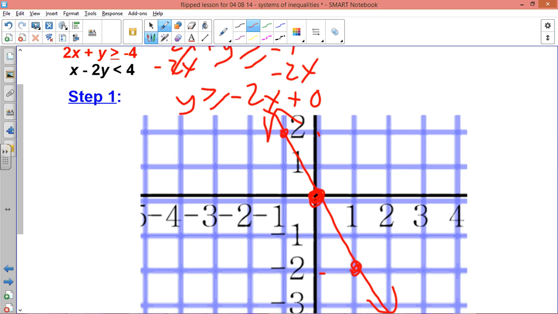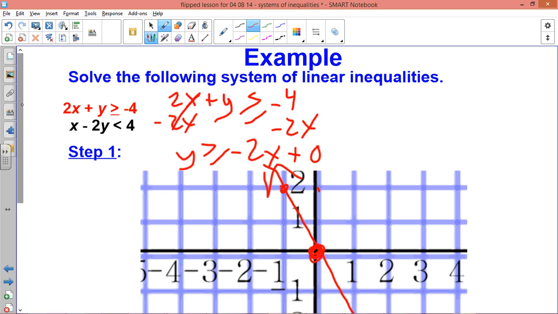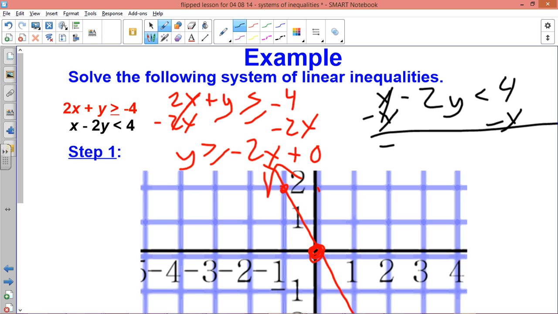For the next one, I have to solve for y as well. I start with x minus 2y is less than 4. So subtract x from both sides. I have -2y is less than -x plus 4. Then I have to solve for y still, so divide by -2.